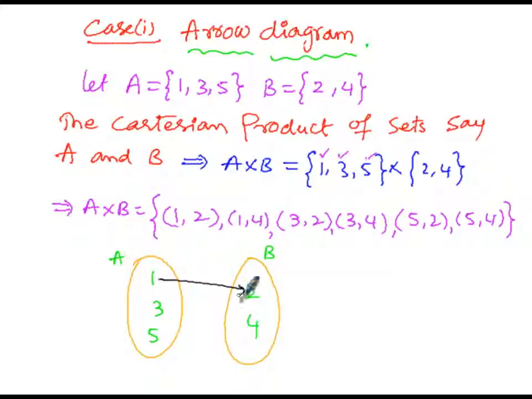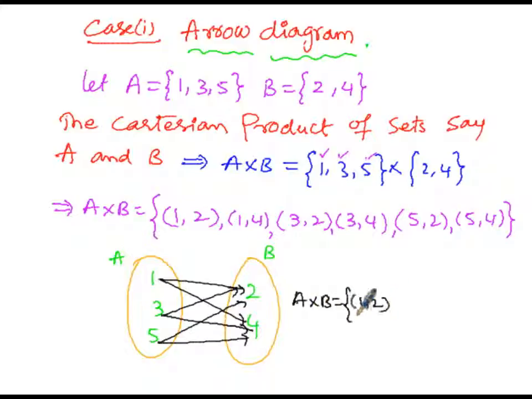So here 1 to 2 and 1 to 4, 3, 2 and 3, 4. So 3 to 2 the arrow and 3 to 4. And the last two ordered pairs are 5, 2 and 5, 4. So here A cross B elements are 1, 2 and 1, 4, 3, 2 and 3, 4, and the last two ordered pairs are 5, 2 and 5, 4.